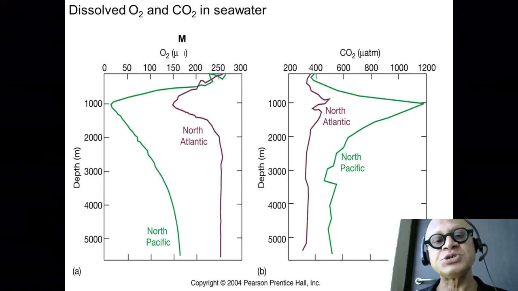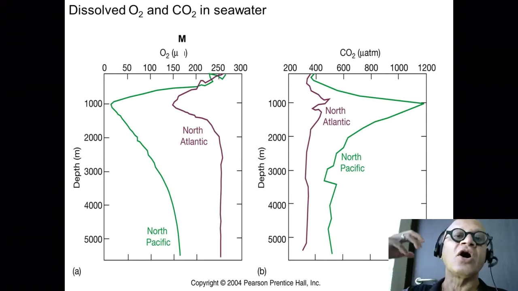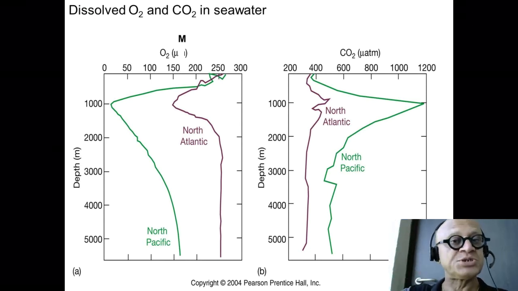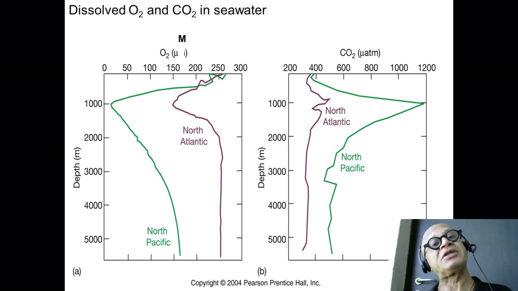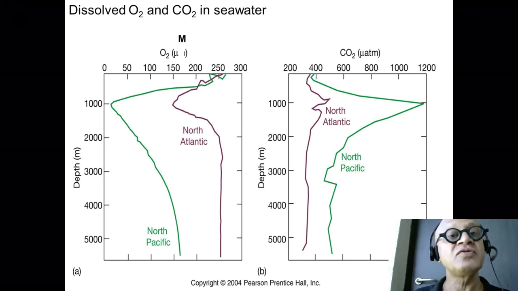So if you look at oxygen, it's higher near the surface. Why? You can imagine two processes. One is because oxygen is high in the atmosphere and it's probably constantly mixing oxygen into the surface water, which is true. What else is happening? Near the surface you have a lot of sunlight, and if you have nutrients available, there is going to be photosynthesis in the ocean.